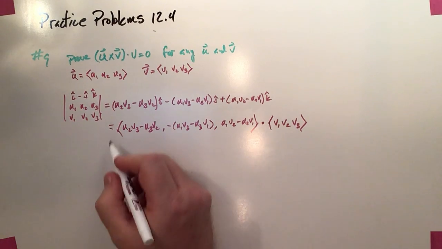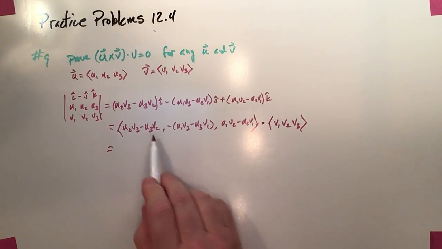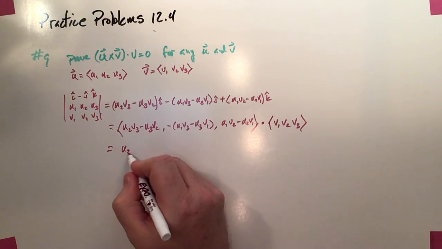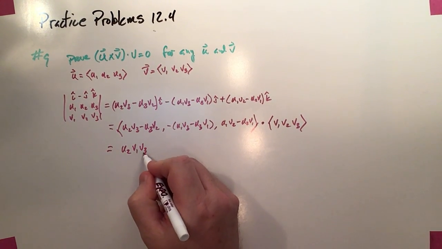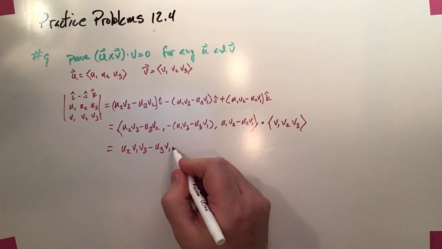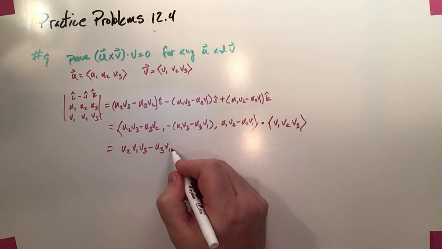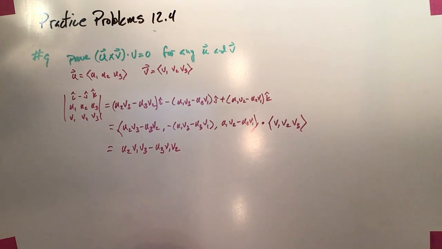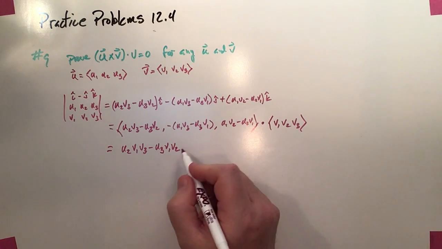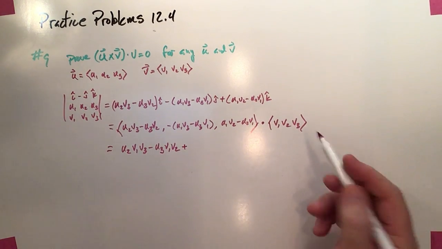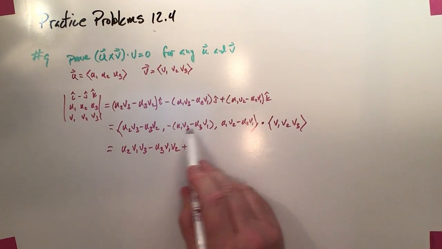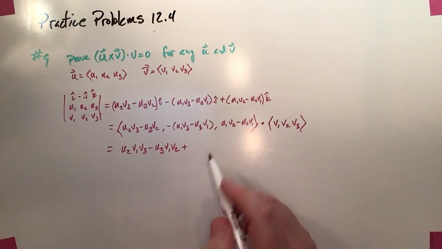So let's multiply these out. To take the x component, it's just going to be v1 times this, so it'll be u2 v1 v3 minus u3 v1 v2, plus the middle component, which is going to be v2 times this, so I'll just reverse the signs on them, so this will be the positive term.